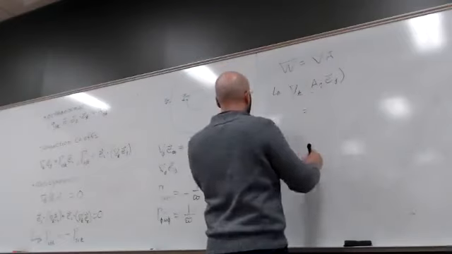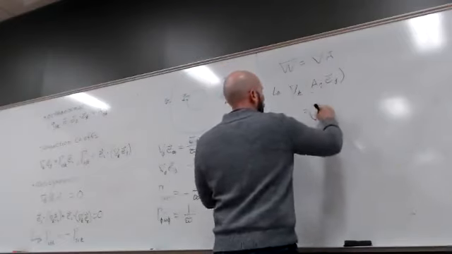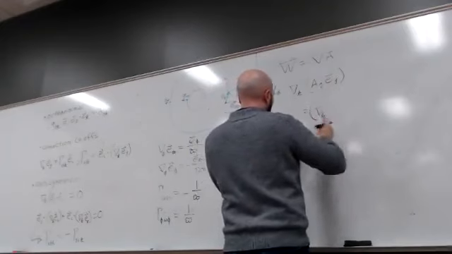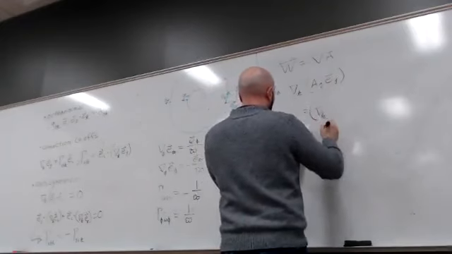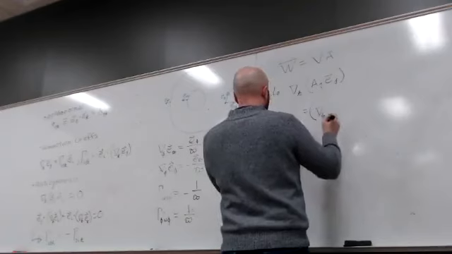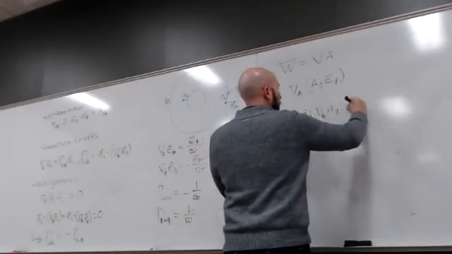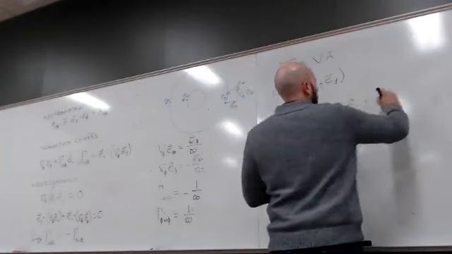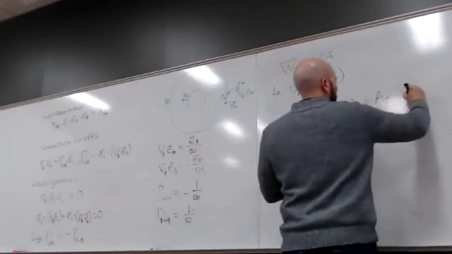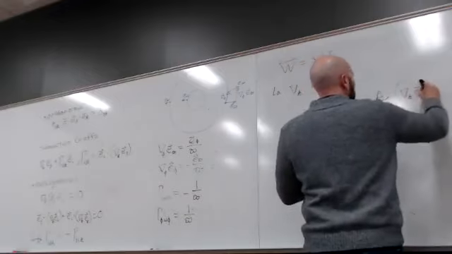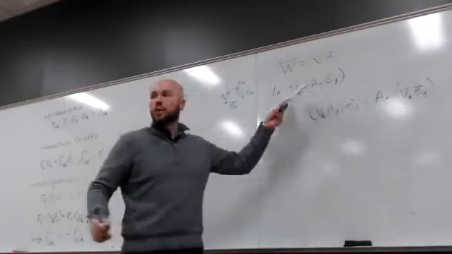This is equal to the gradient along K of A^J e_J, plus A^J times the gradient along K of the basis vector e_J, right? Just chain rule, just chain rule.